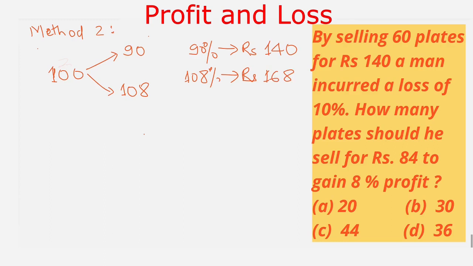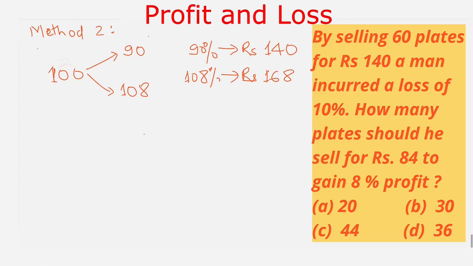It means that if we were selling 60 articles or 60 plates in rupees 140, we were incurring a loss of 10%. But if we sell the same number of plates for rupees 168, then we will gain a profit of 8%. And for the same gain, how many plates should we sell in rupees 84? That is our question.